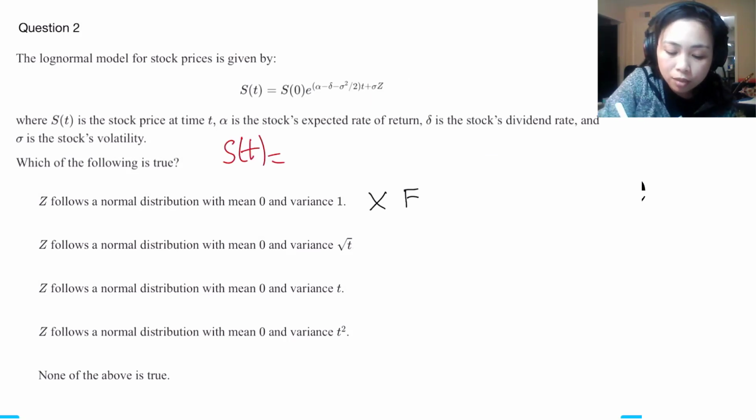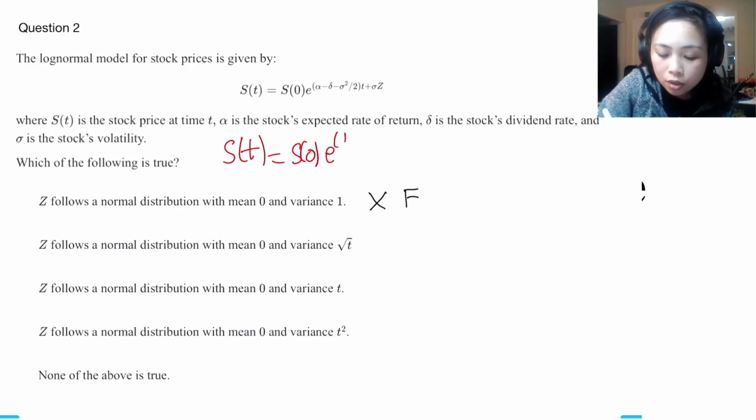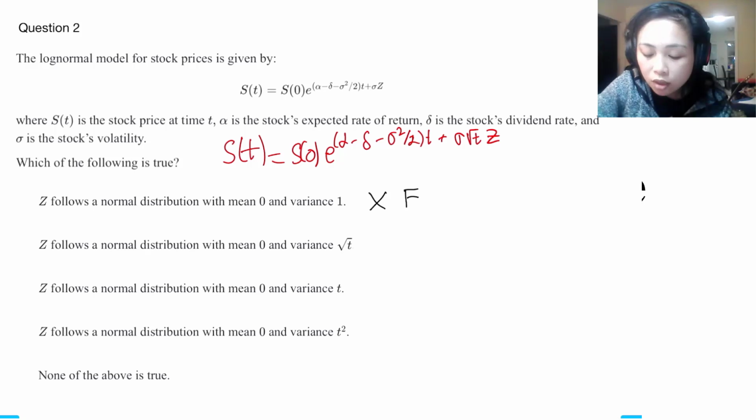So this is the right formula for the stock price, but now they use this model. So here you have to understand that the Z here is actually square root of t times Z. See that? And this Z, I'm going to use Z star. I'm going to use Z star here. This Z star here follows a normal distribution with mean 0 and standard deviation 1.